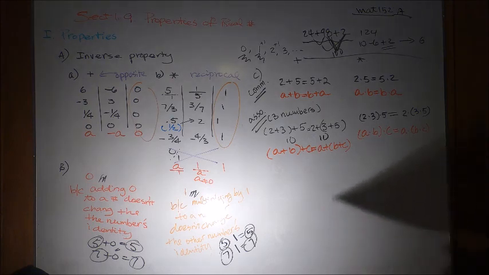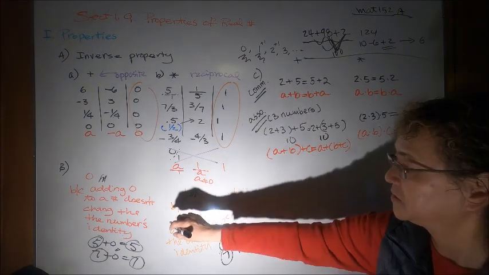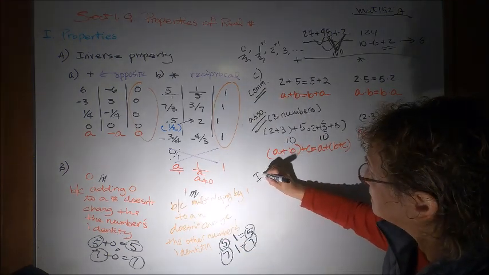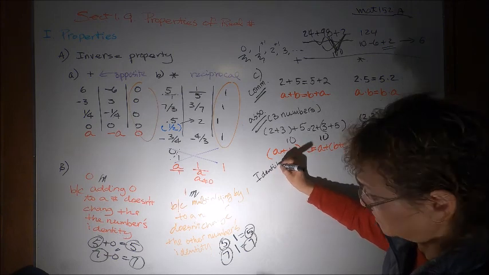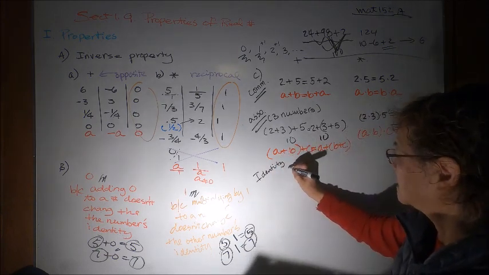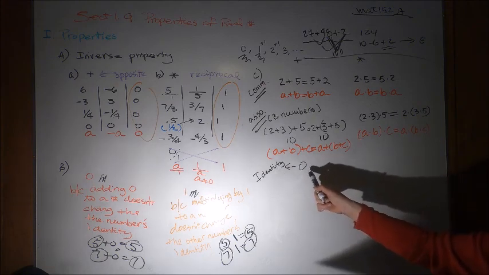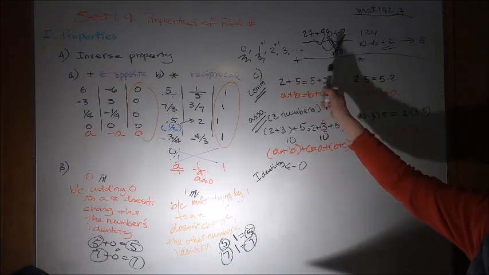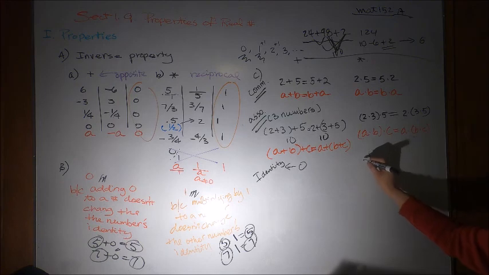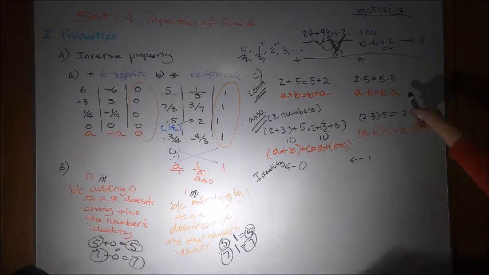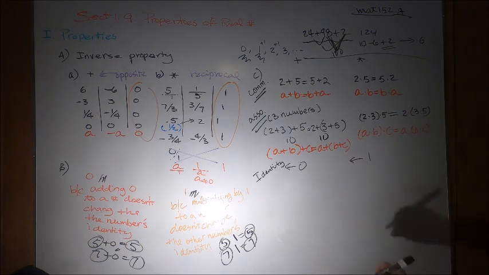Another property which we mentioned earlier is called what? Identity property. So it's what? 0 for this. 0 is the identity of the what? Addition. 1 is the identity of the multiplication.